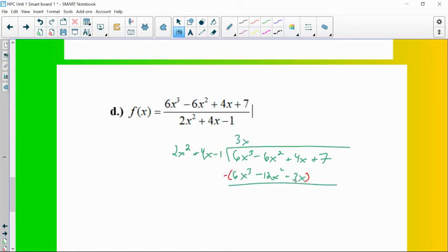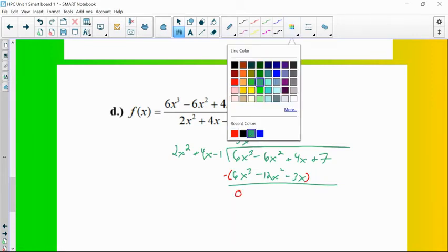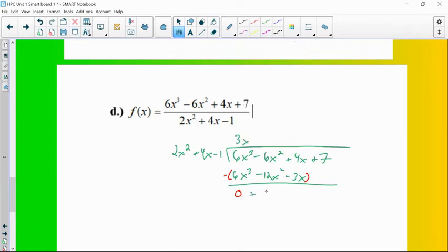So we'll do that. We get our 0. That's the whole point of the division, we want to cancel that factor. Negative 6 minus negative 12 becomes a positive 12, so it's plus 6x squared. 4 minus negative 3 is actually a positive 7x. And we carry down our 7. And we repeat one more time, looking at 2x squared going into 6x squared to be plus 3 times.